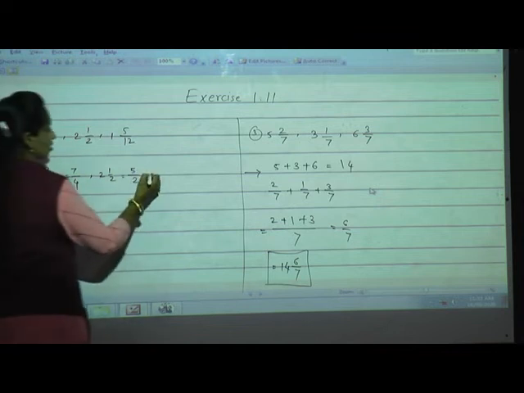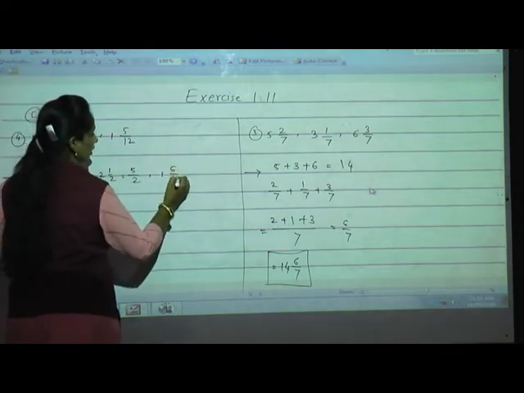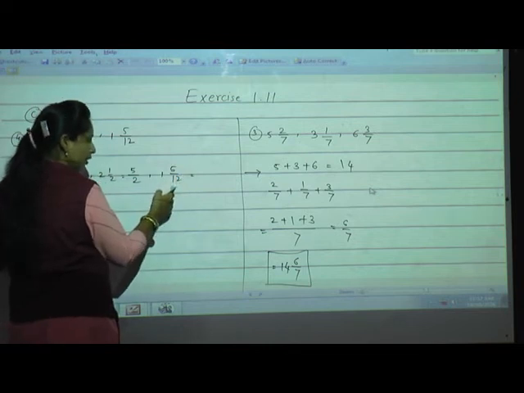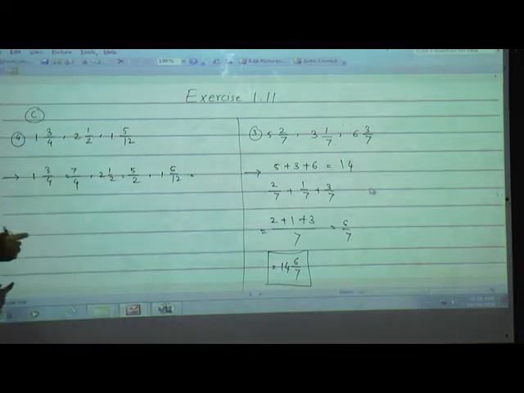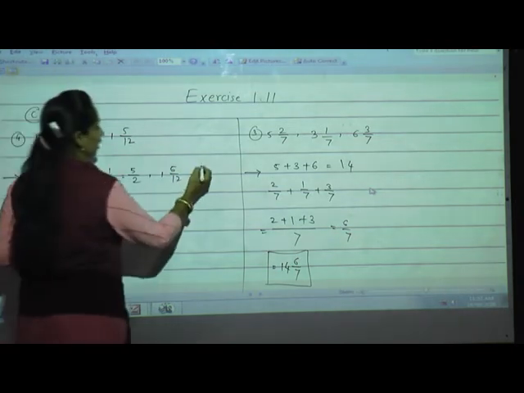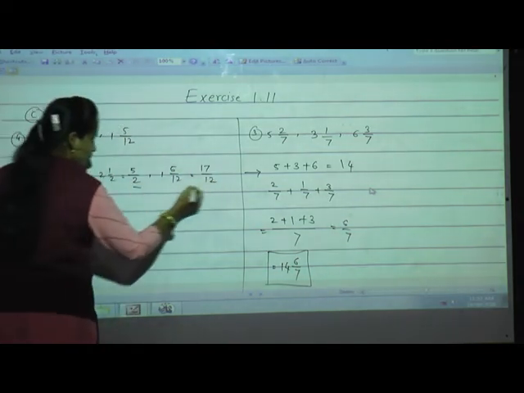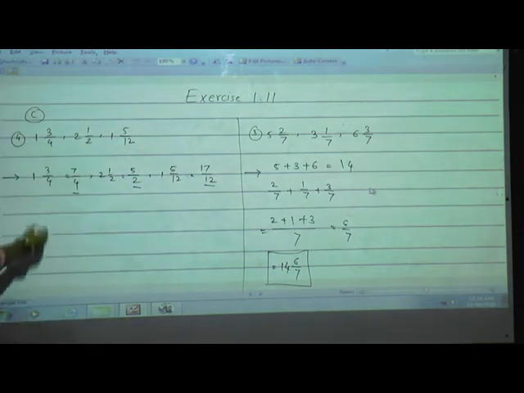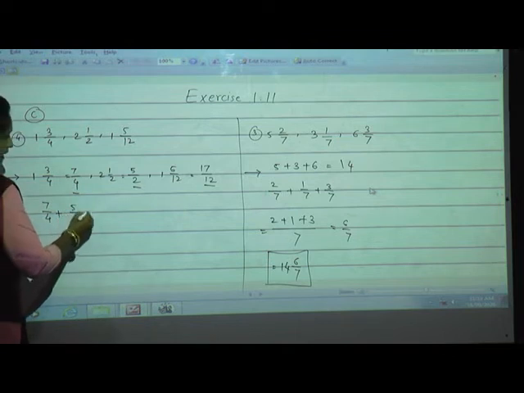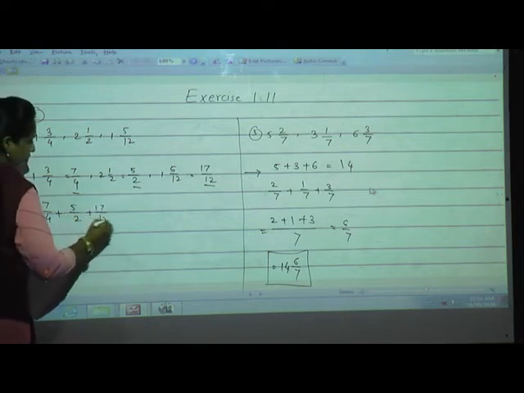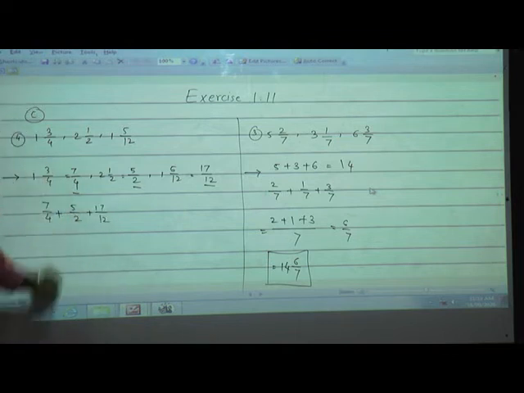The next is 1 5 upon 12: 12 ones are 12, 12 plus 5 is 17 upon 12. Now we got 3 fractions, isn't it? We need to add 3 fractions, but can we add immediately? No, because denominators are different.